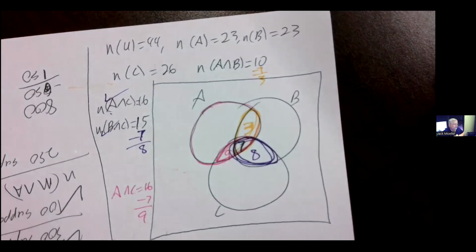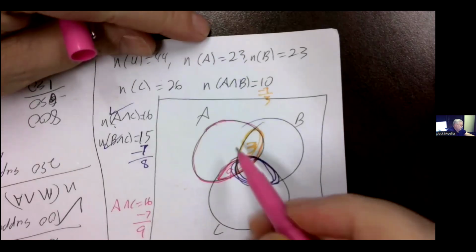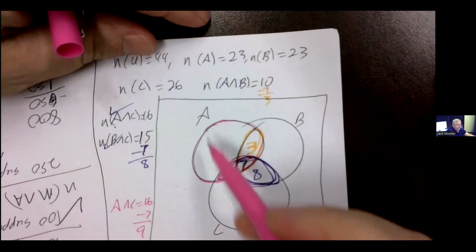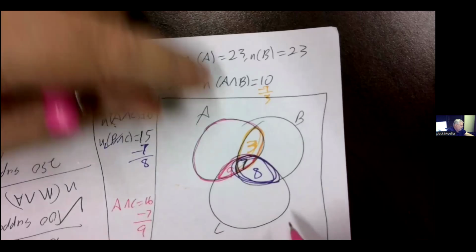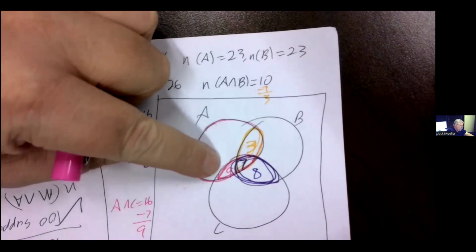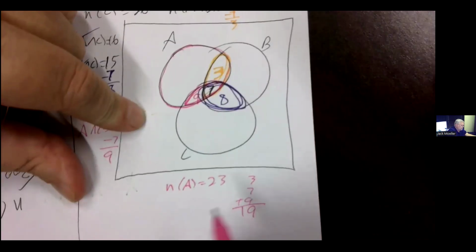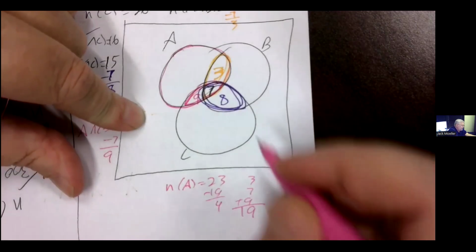All right. So let's go back to now. If we look at the number of elements in A is 23. So that circle has 23 elements. I've already accounted for 3, 7, 9 of them. That's 19. And so 23 minus 19 is 4. So there are 4 elements we have not accounted for.